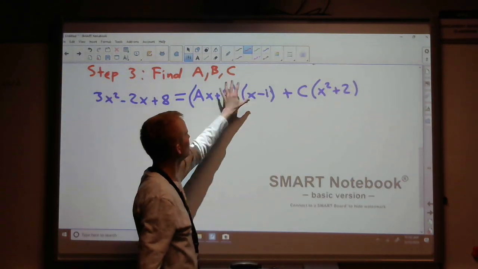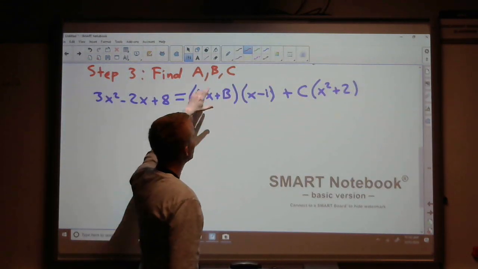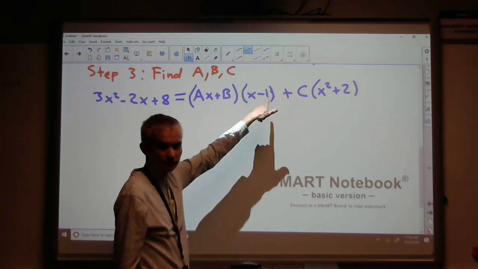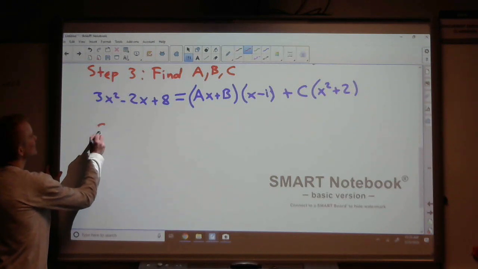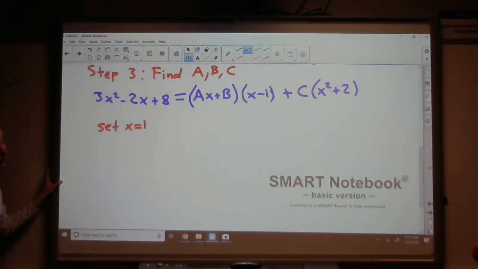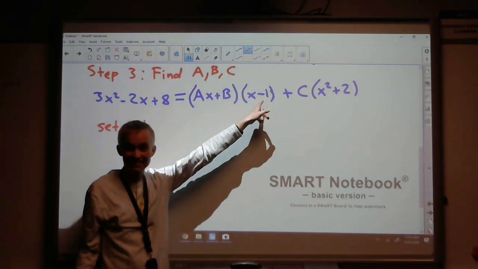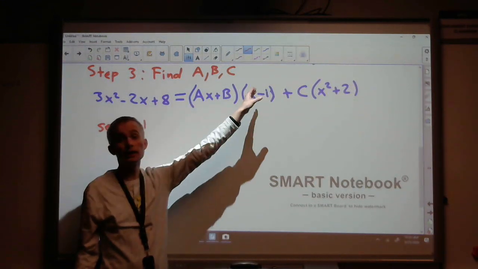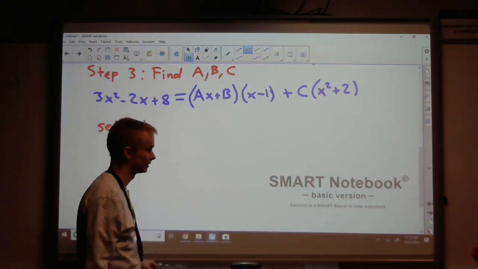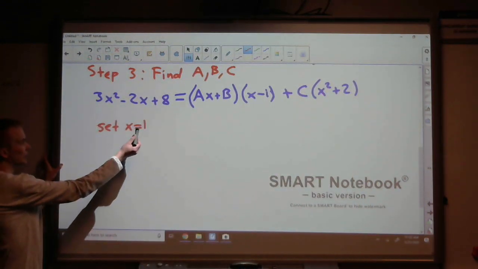Where will all of this part cancel out of the equation? Well, it's when x is positive 1, okay? So I'm going to set x to be equal to positive 1, because that will make this 0, and then it will get rid of a and b from the equation, and I will just have c that I can find, okay? So I replace x with 1.